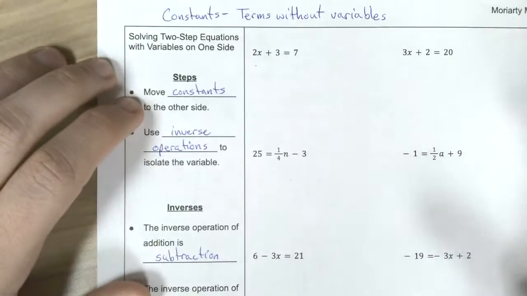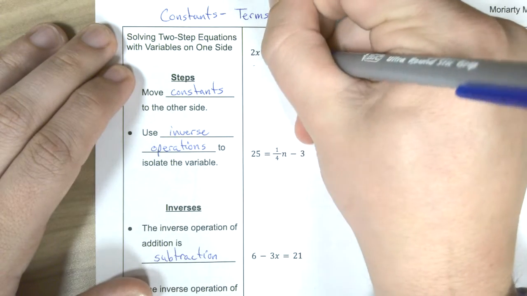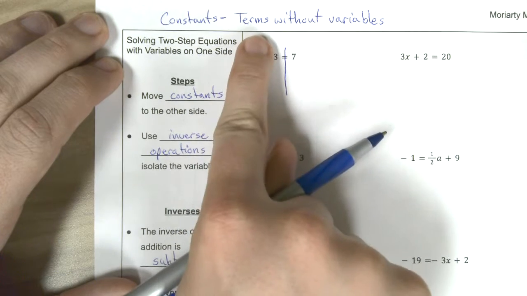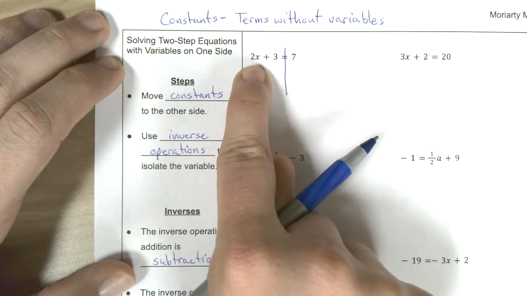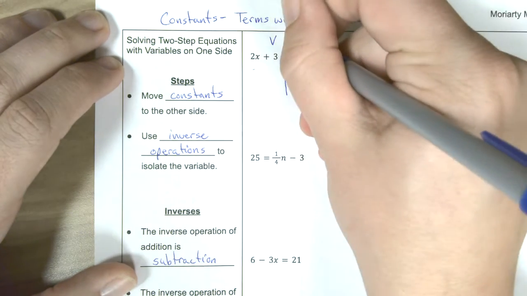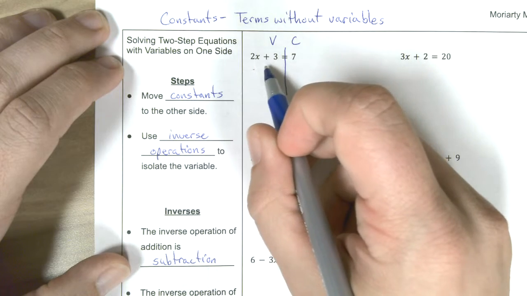Let me do a couple of these here because they're all pretty much done the same way. The constants are the terms without the variables. I see this 2x right here, that's a variable term. So this is my variable side, which means this is my constant side. I need to get rid of this plus 3.